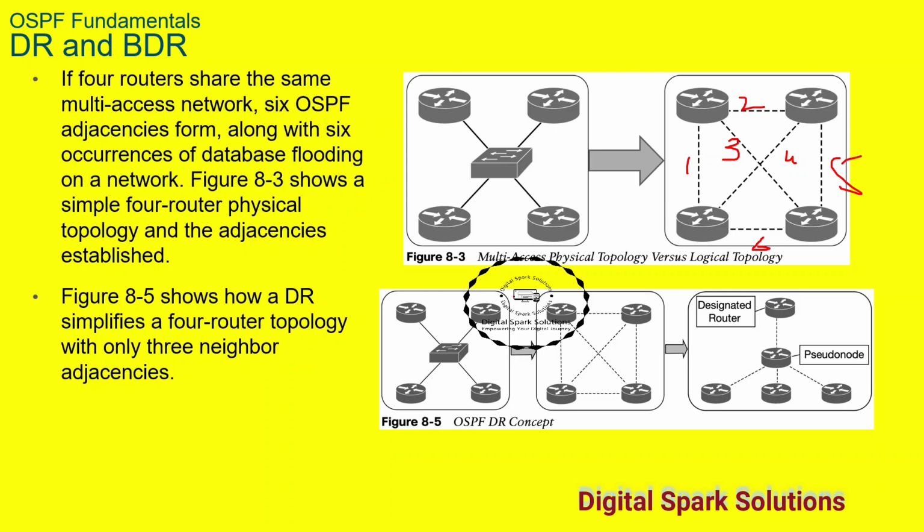Once we use the DR and BDR concept, it simplifies the flow of the topology with only three neighbor adjacencies. Initially we have this one without the DR concept. After we use the DR concept, it becomes like this.